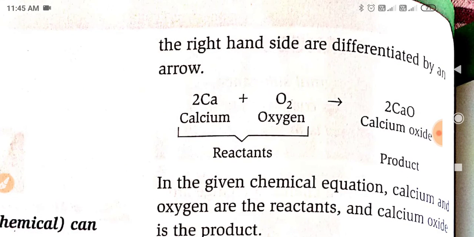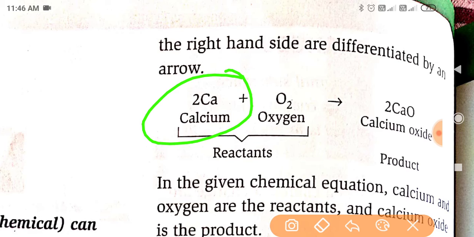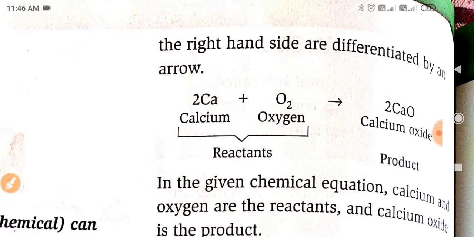Balanced means you can see here two atoms of calcium react with one molecule of oxygen and form two molecules of calcium oxide. If we just write Ca plus O2 gives CaO, this won't be a balanced chemical equation. So for balancing this, we have to add two molecules of calcium here.